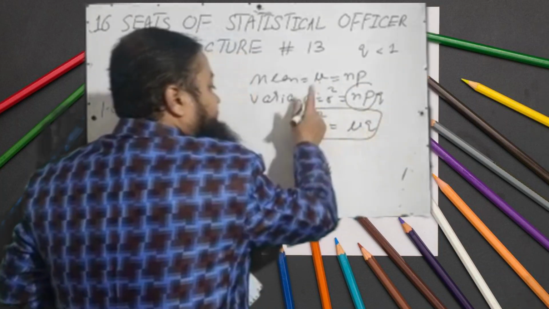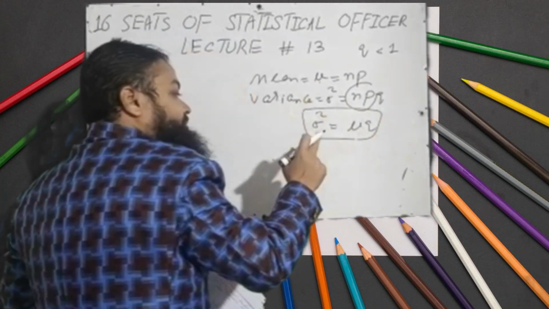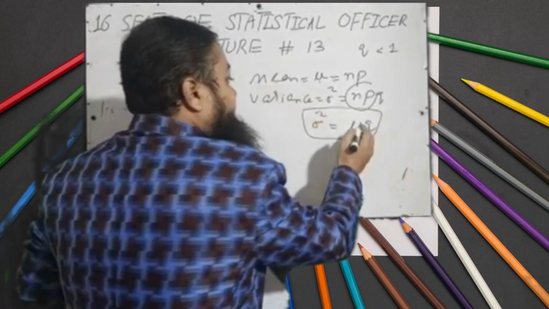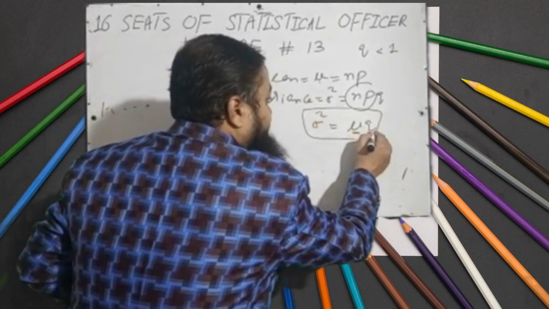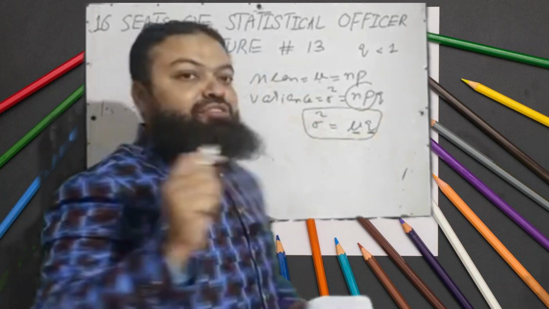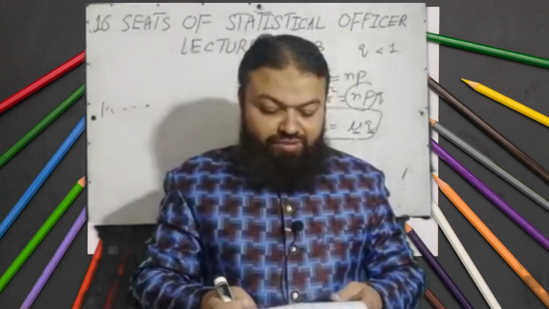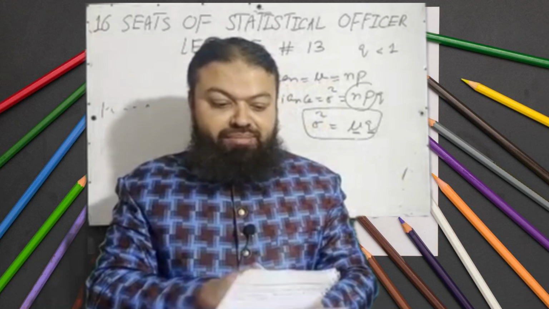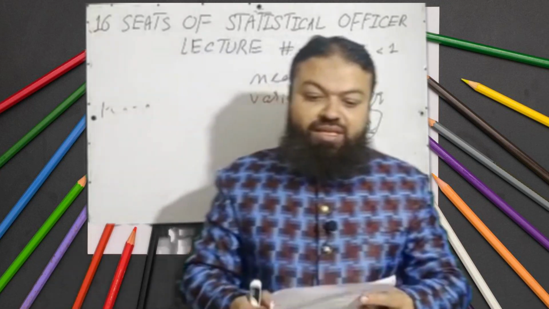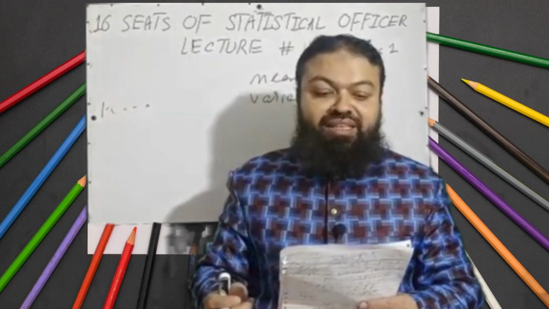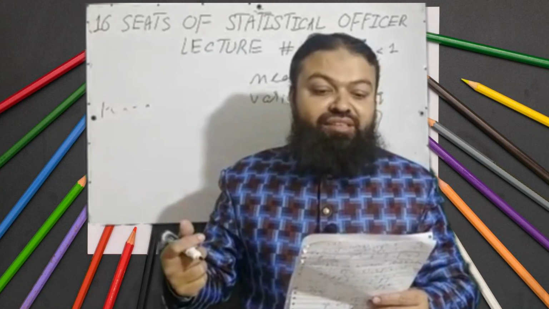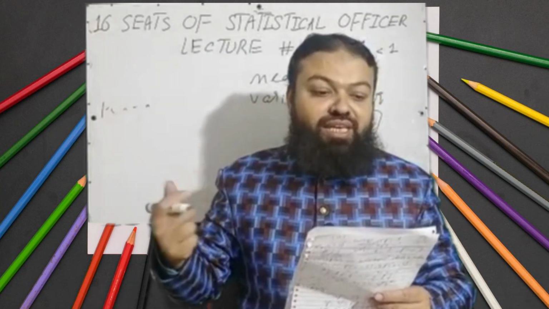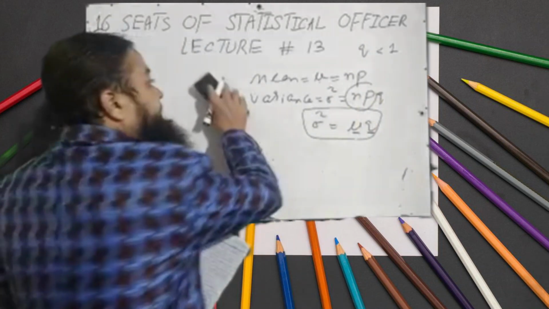This is the relationship between mean and variance, a very important question for all the papers of statistics. If you multiply mean with the probability of failure, then you can get the variance. Sigma square is equal to mu q. Next question, number 13, is in a binomial distribution, mean is k times the variance. What is the value of k? A very conceptual one.